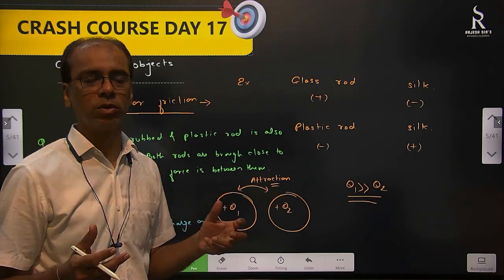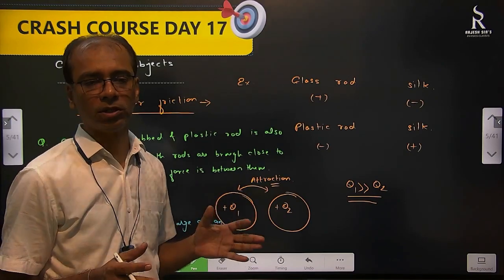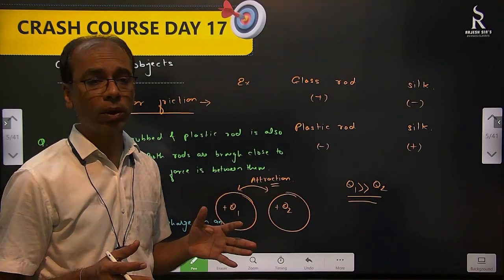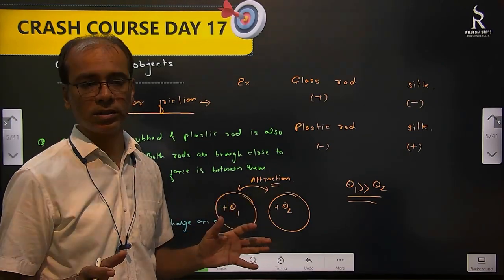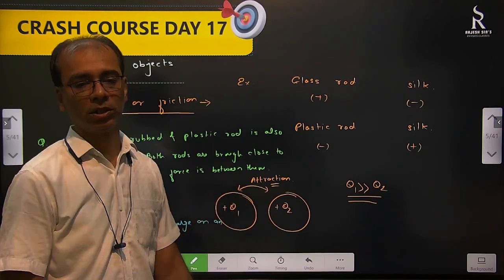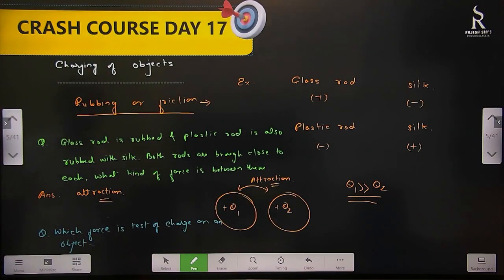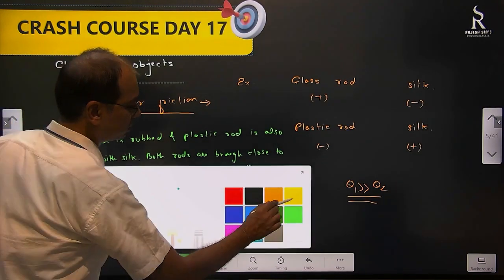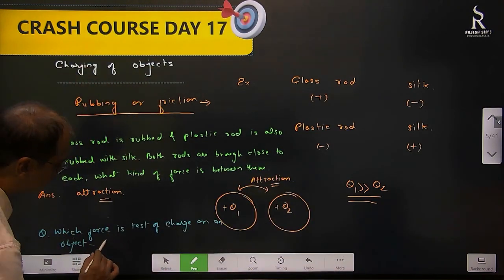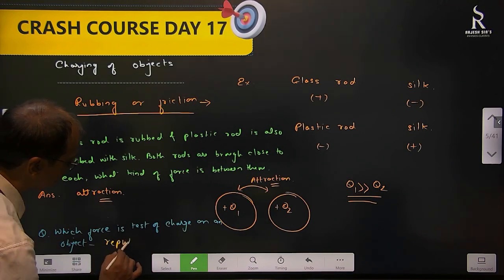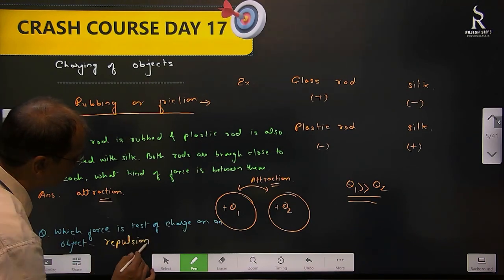If both objects repel each other, definitely both are charged. So the answer is repulsion. Repulsion between the two indicates both objects are charged.